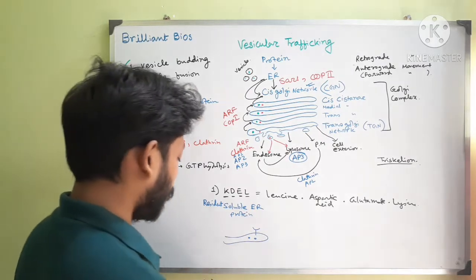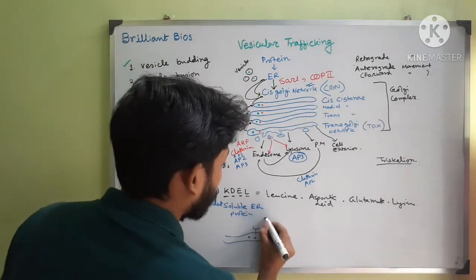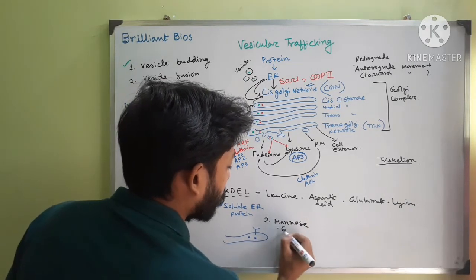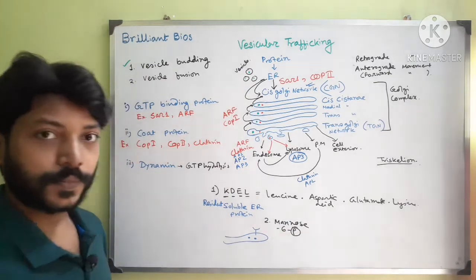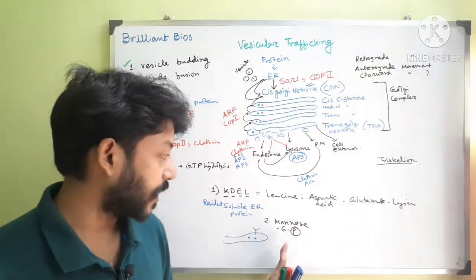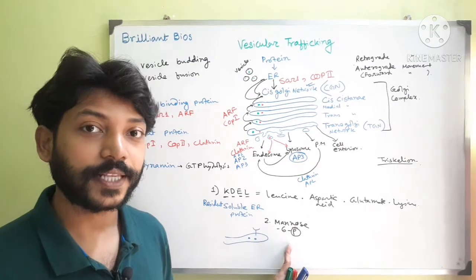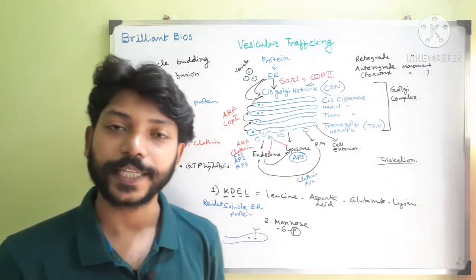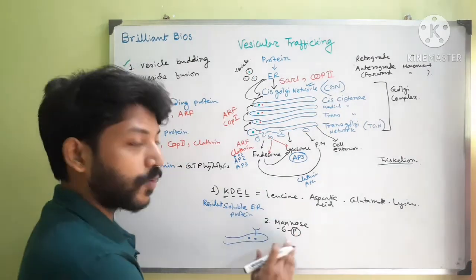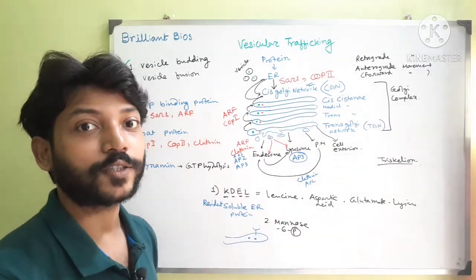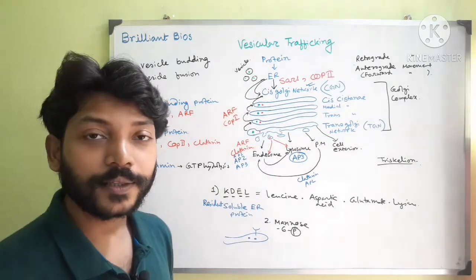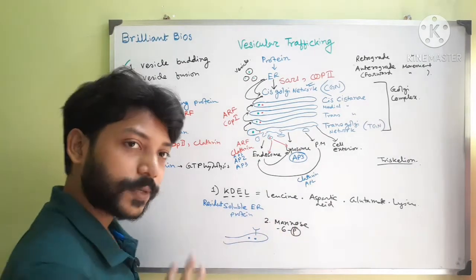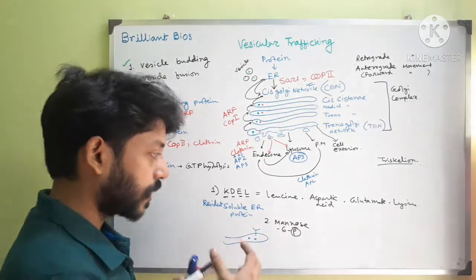Another example, the second, is called mannose 6-phosphate. This is also a mark, and this mark implies that this protein must go to the lysosome. All the lysosomal enzymes are modified in this way, because I mentioned in my first class on vesicular trafficking that in the oligosaccharide or glycosylation there are mannose sugars. Mannose has 6 carbons.